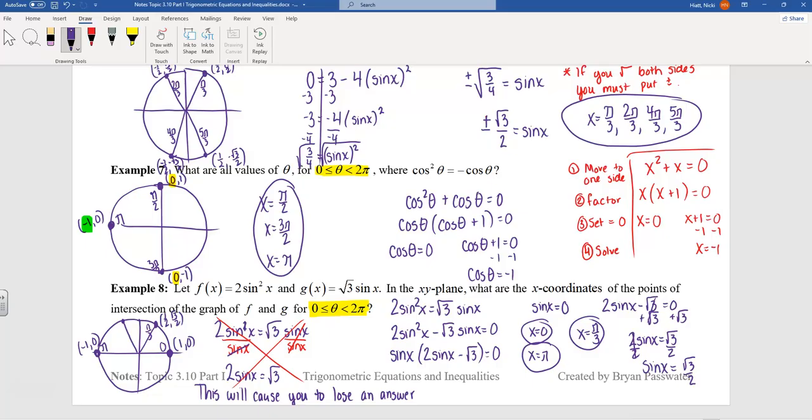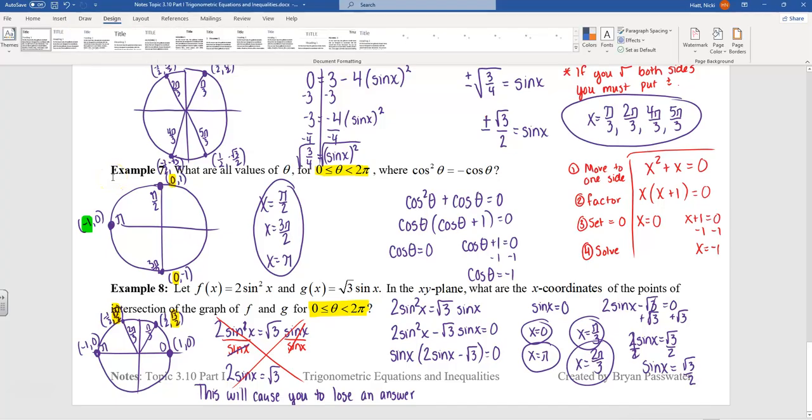Very good. Right there at 2 pi over 3. We would have negative 1/2, root 3 over 2. And so we got these two spots right here. Okay, questions?